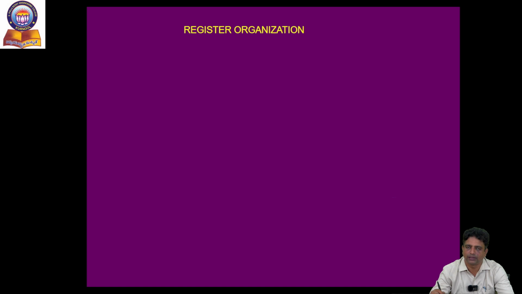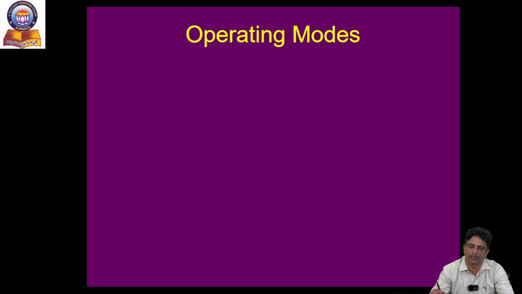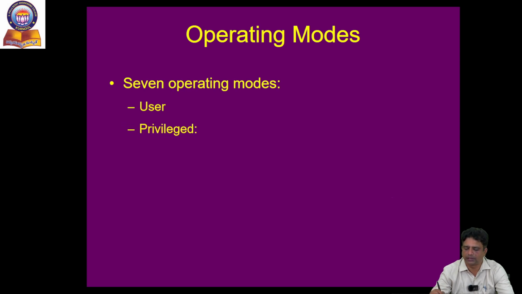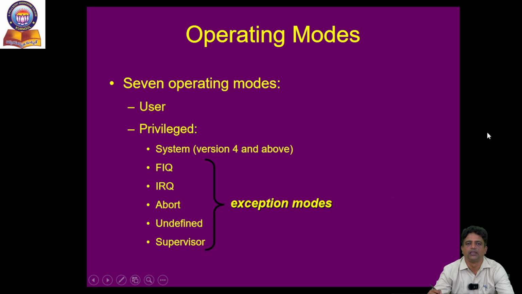Our ARM7 processor works in certain operating modes. When an ARM microcontroller or processor is working in a very simple, generalized mode, it is treated as user mode. And when it is working in some special modes, we consider them privileged modes.